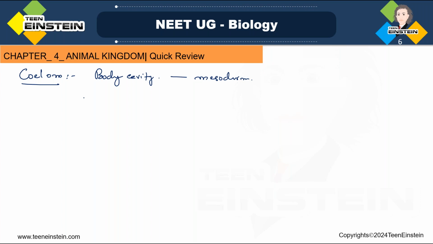So based on that, animals are classified into coelomates. That means the animals which are having the coelom, that means with body cavity. These examples are very, very important in this chapter, because from that portion you are getting more questions.